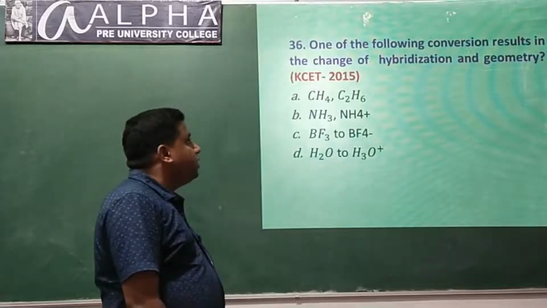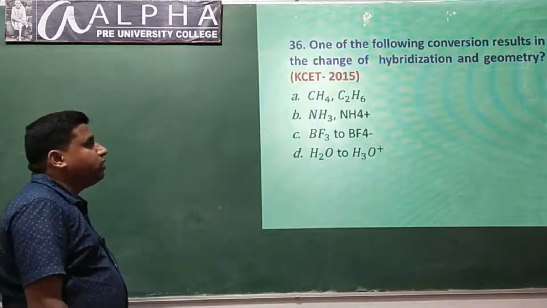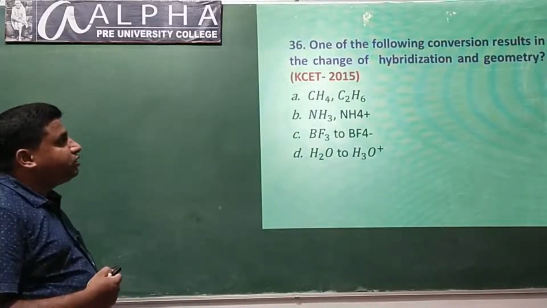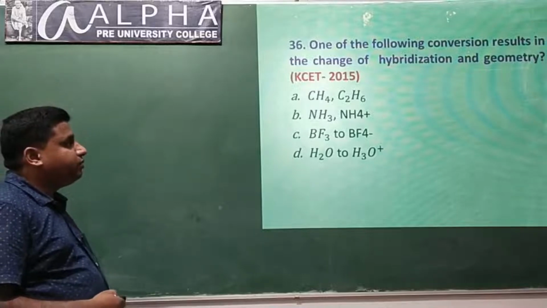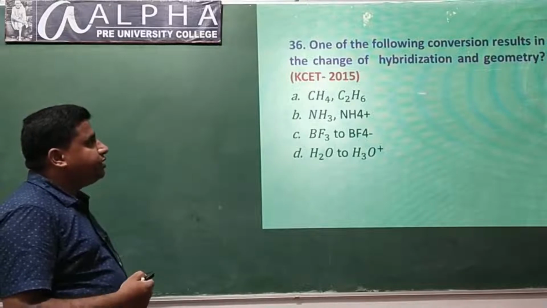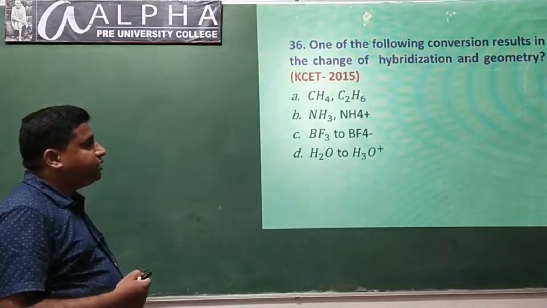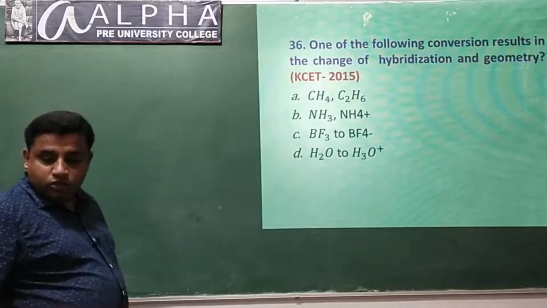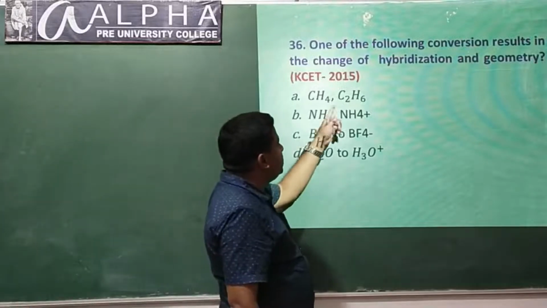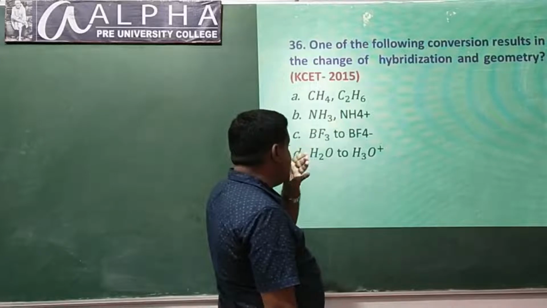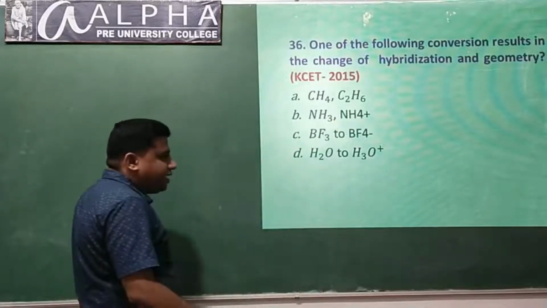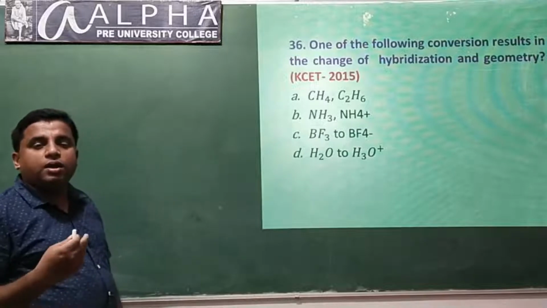Now let us go to the next question. One of the following conversions results in the change of hybridization and geometry. If I convert methane to ethane, there are many reactions wherein I can do that.